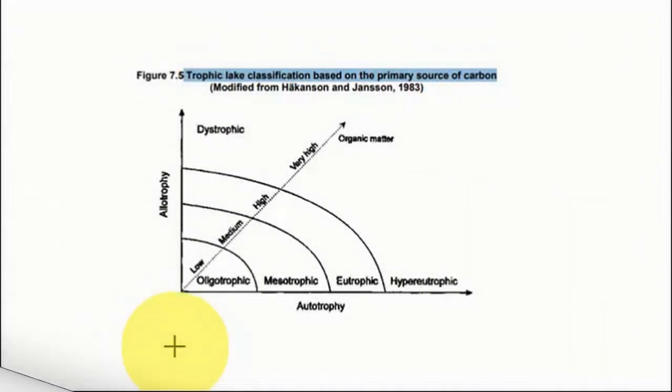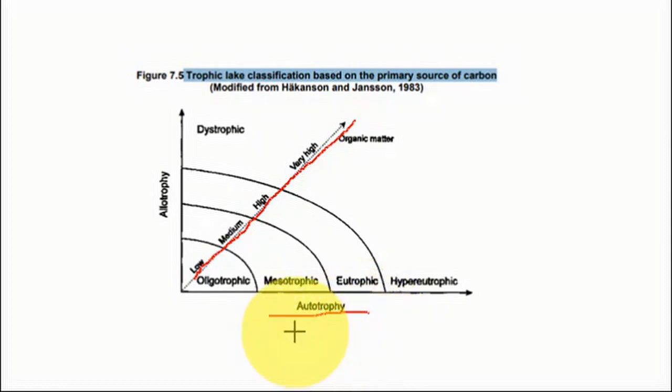This is a graph to show you the productivity of different lakes. In the first case, oligotrophic lakes, the organic matter is very low. In the second case, it is a mesotrophic lake, which is medium. This is the graph of organic matter, and here you can find autotrophy, meaning photosynthesis, where organisms produce their own food.